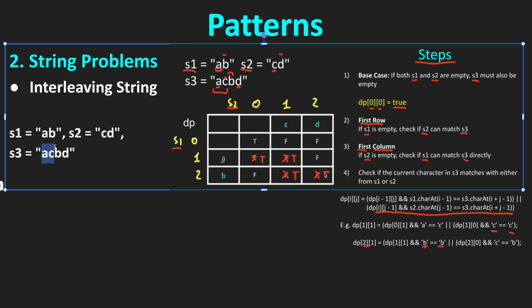Since B is equal to B, 1 and 1 should also be true. 1 and 1 in this case is A and C, and A and C is equal to true. That's why we are setting this value to true.